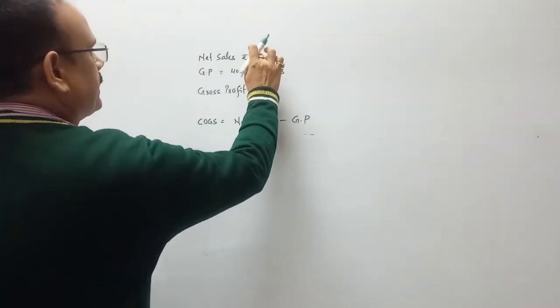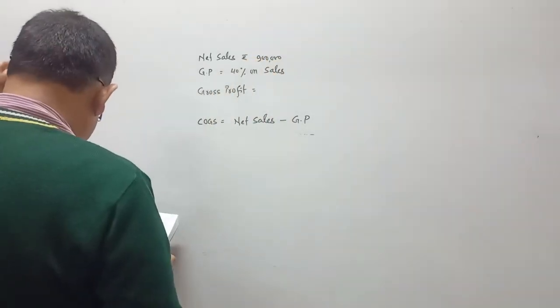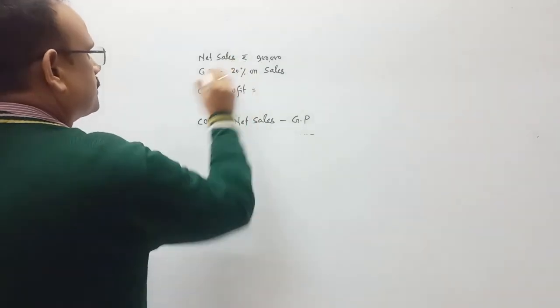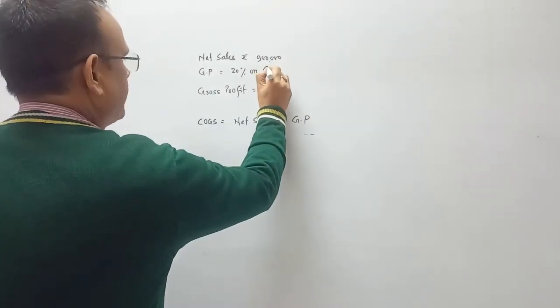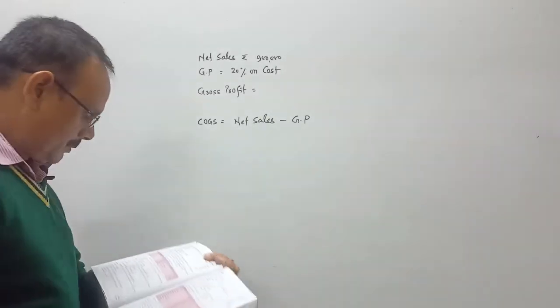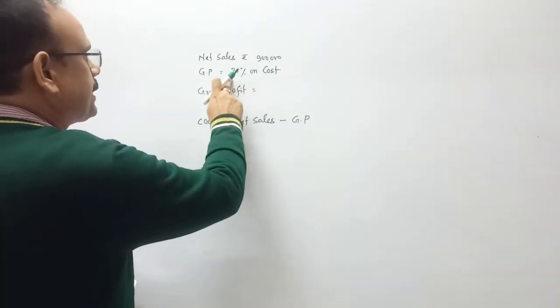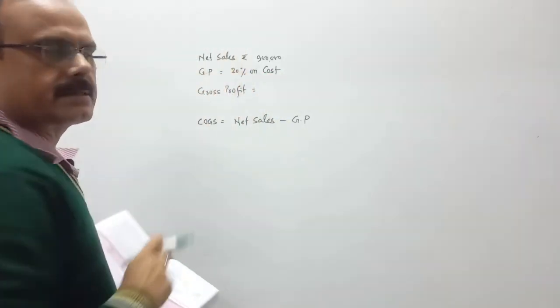Net sales is 9 lakhs. And gross profit is 20% on cost. The gross profit percentage is 20% on cost, while the information is given on sales.